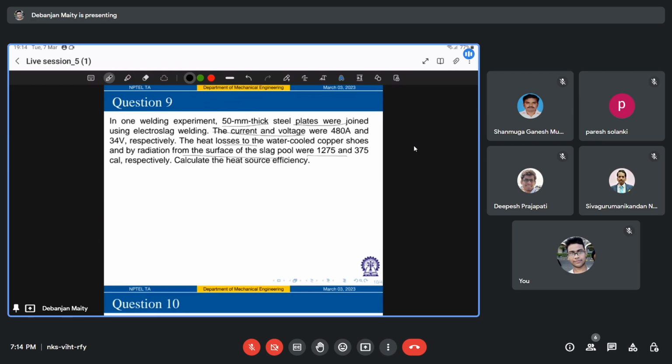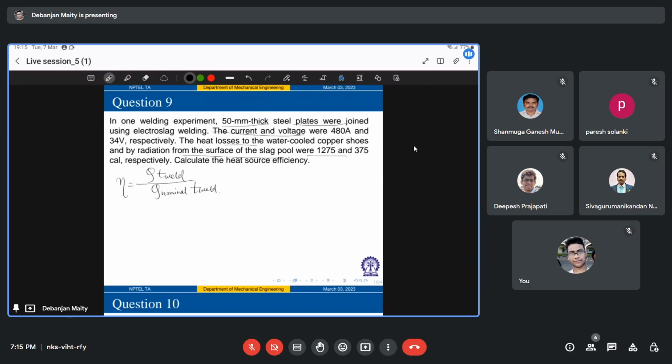This is very simple. What do you know about heat source efficiency? What is Q? Q is basically the rate of heat transfer from the heat source to the workpiece, right? What is Q nominal?